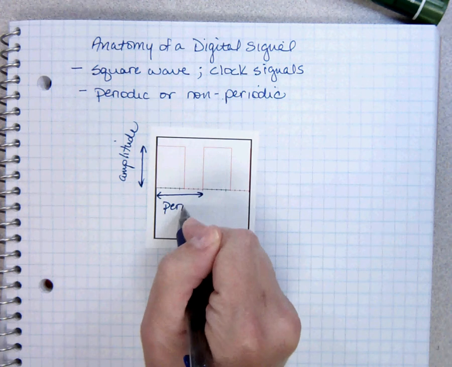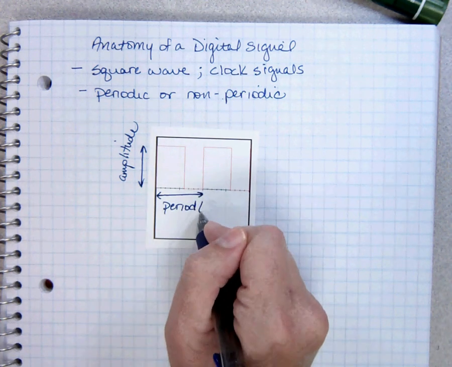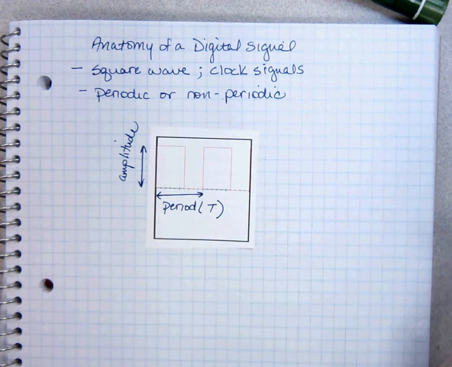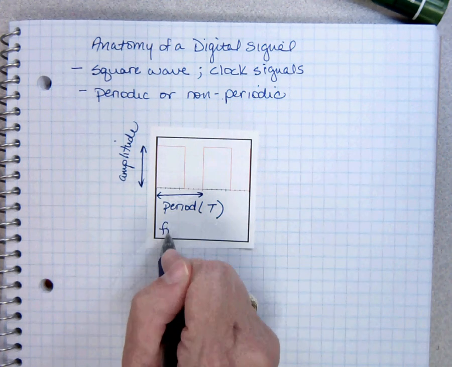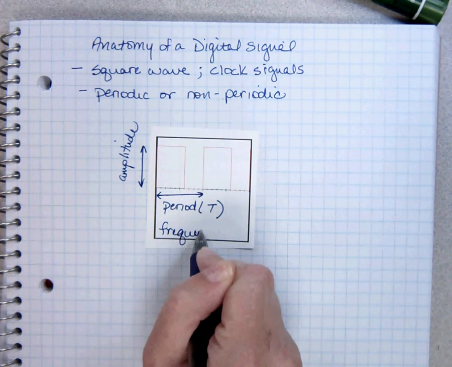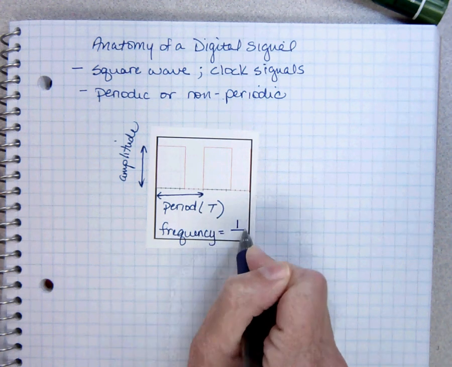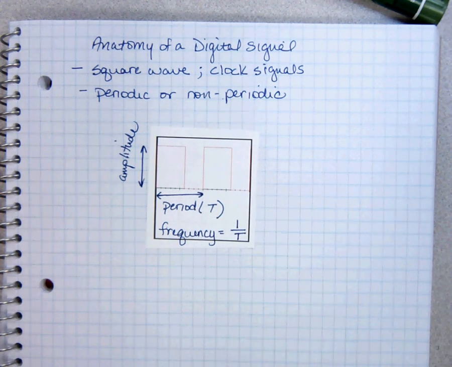It's the time for one complete cycle. And we still use the capital letter T for that. And then again, of course, the frequency is going to be 1 over whatever the period is, the number of seconds for one cycle.